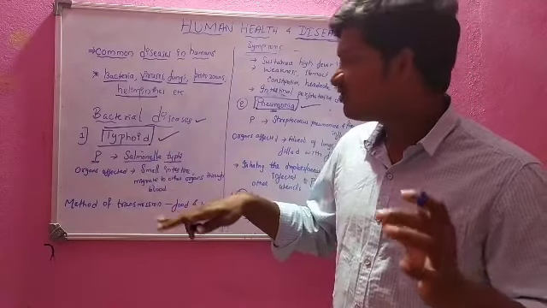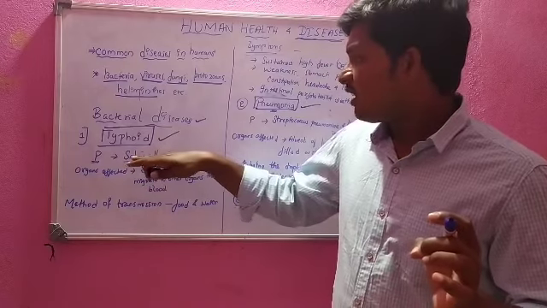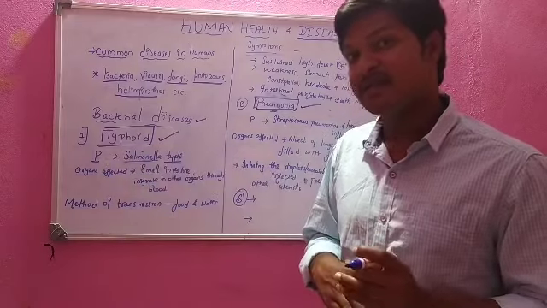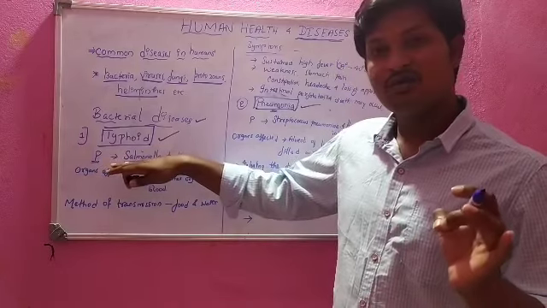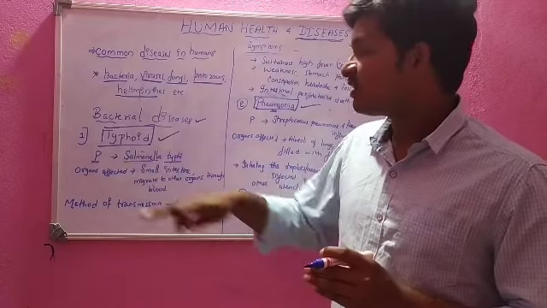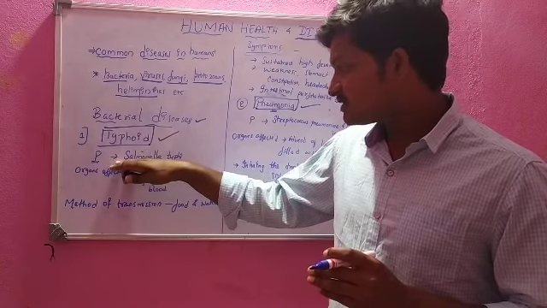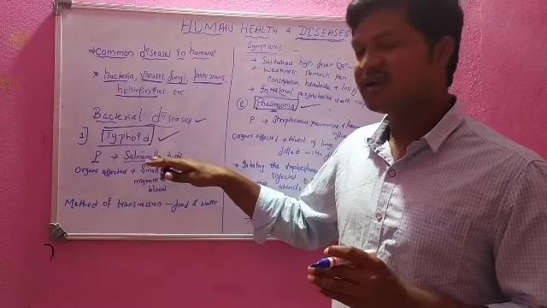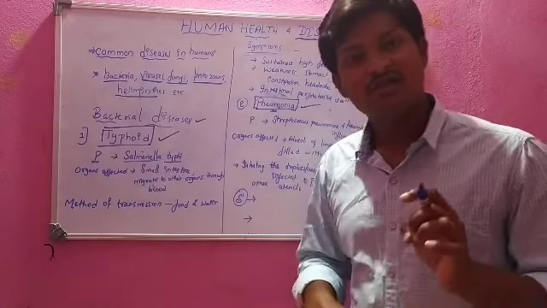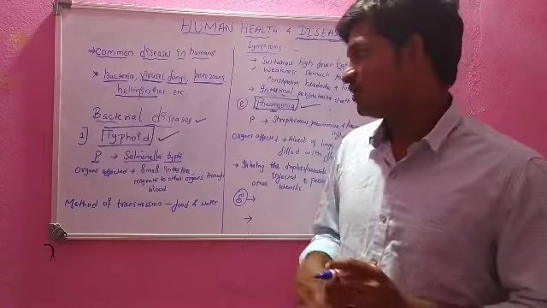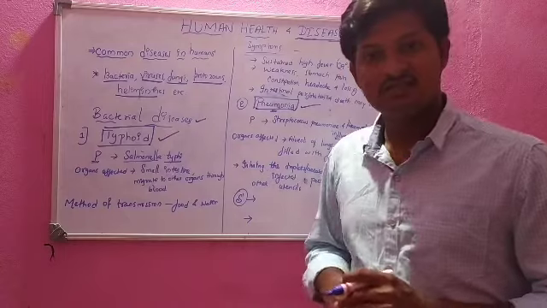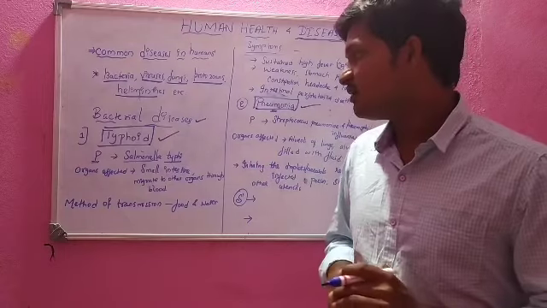The spelling should be correct, and you have to write the S as a capital letter. We should always start a scientific name this way. This is the genus name and this is the species name. The genus name starts with a capital letter, whereas the species name is written in small letters. Salmonella typhi is the pathogen that causes typhoid in human beings.